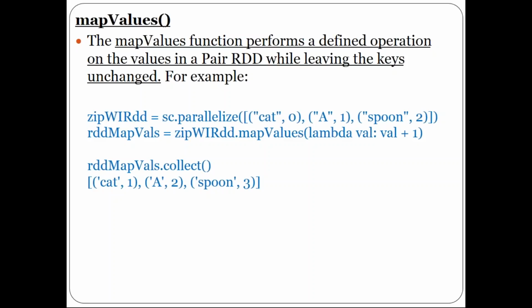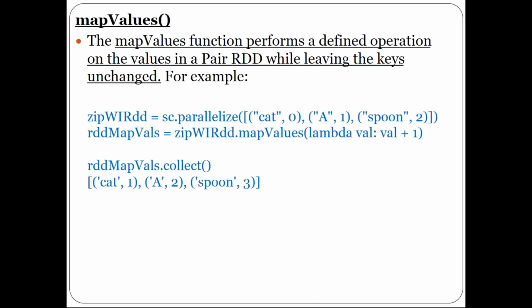Now, the map values function performs a defined operation on the values in pair RDD, while leaving the keys unchanged. Say you have cat 0, A 1. Here, if you are adding 1, your cat becomes 1, A becomes 2, spoon becomes 3.